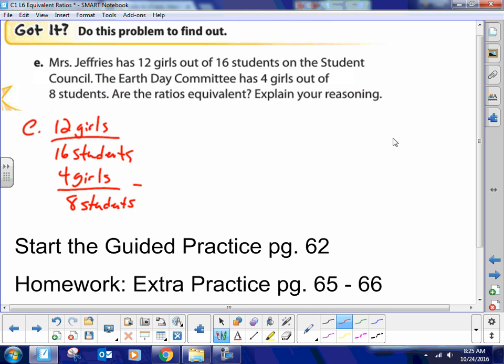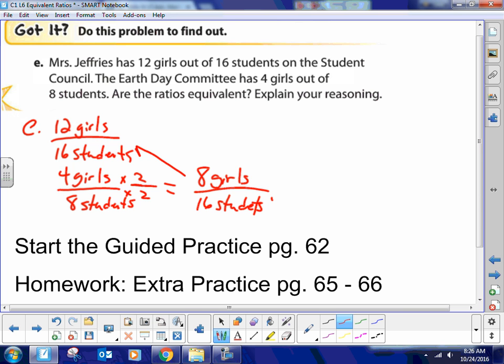You can easily tell that if you multiply 8 by 2, you can get it up to 16. So let's go ahead and do that. We're going to multiply both of these by 2. And this will be 8 girls out of 16 students.